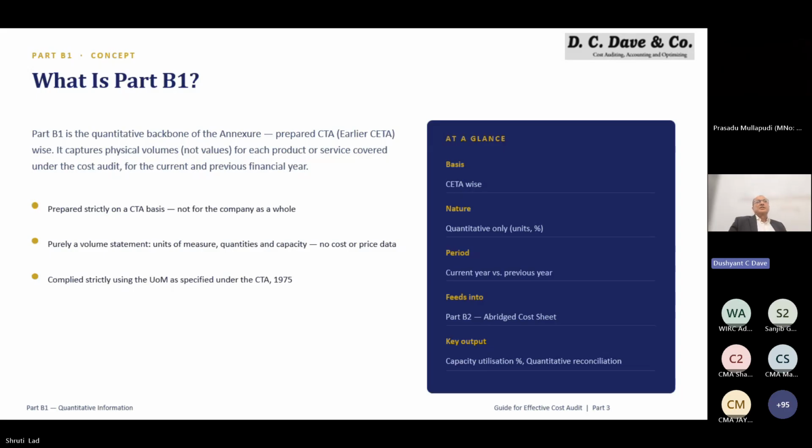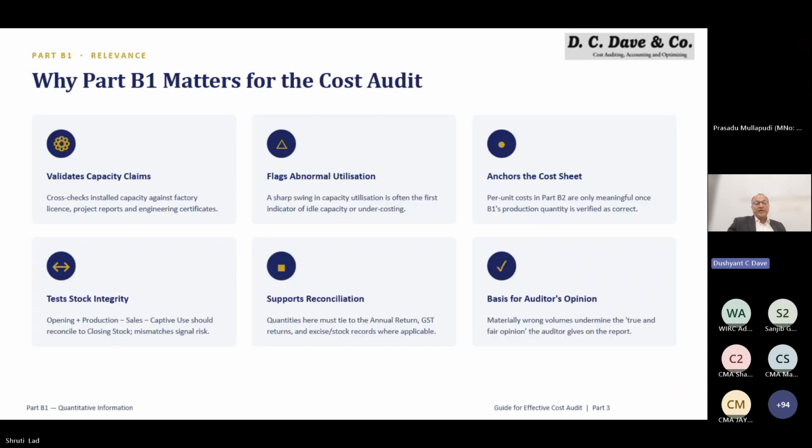It captures physical volumes, not values, for each product or service covered under the cost audit. You can probably take a screenshot of this as well. So never ignore reconciliation differences, because this is the base on which you are going to do the costing later on. Small differences often reveal much larger underlying issues, because small differences could be compensating errors, and there could be big differences lying beneath.